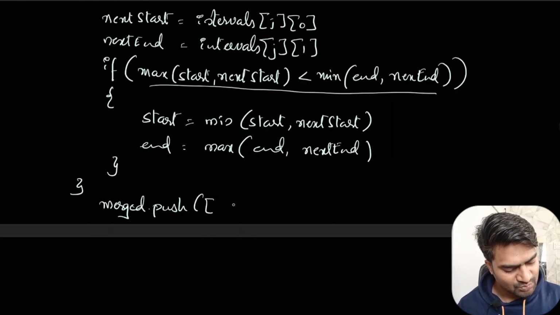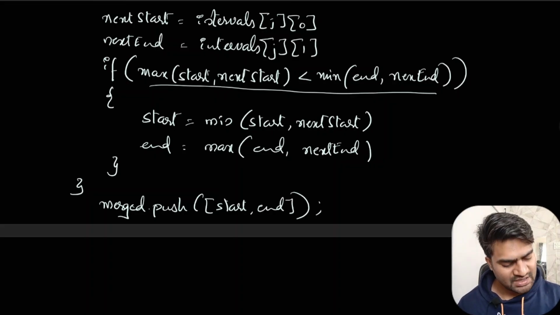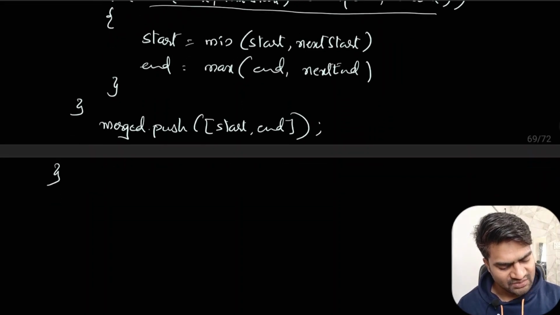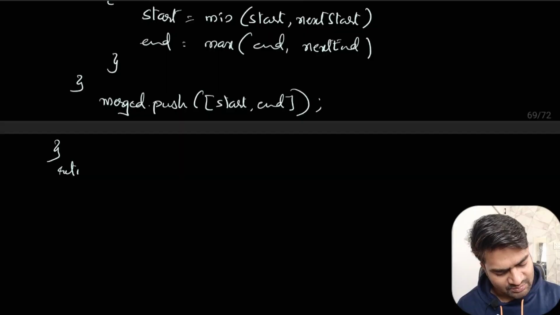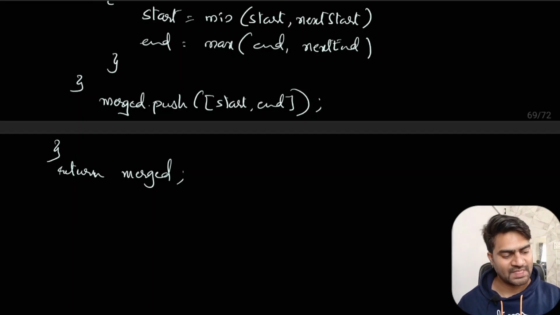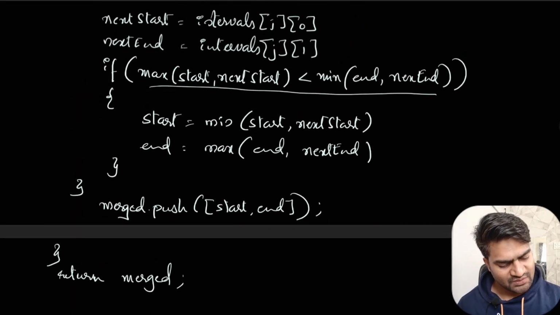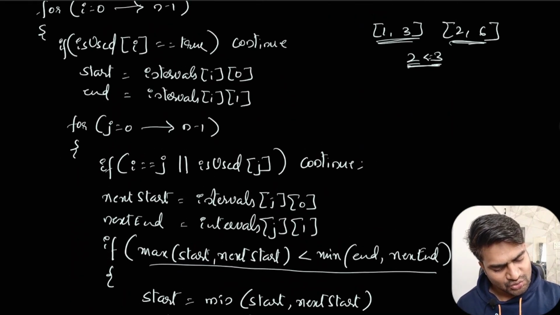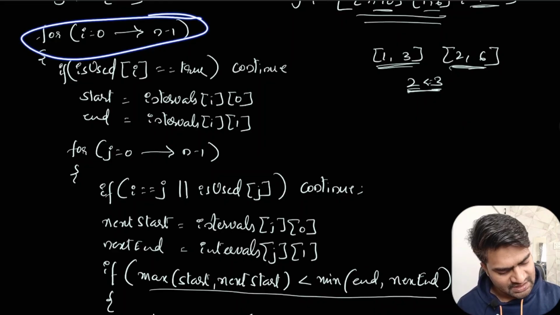Then I will push my start comma end. Okay, finally after the second for loop, I will simply return my merged.